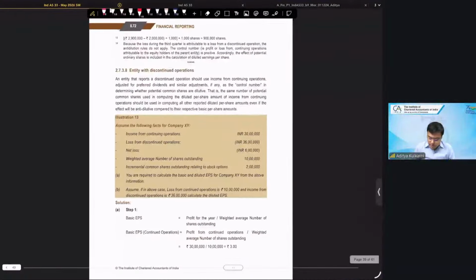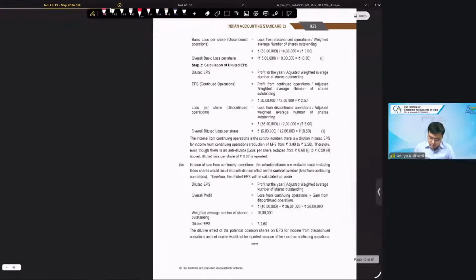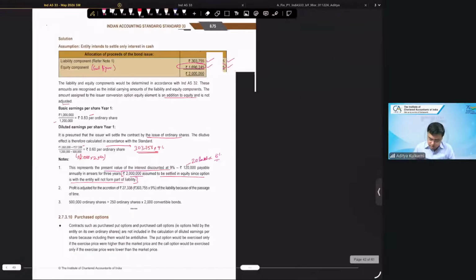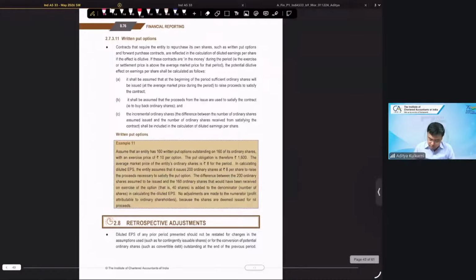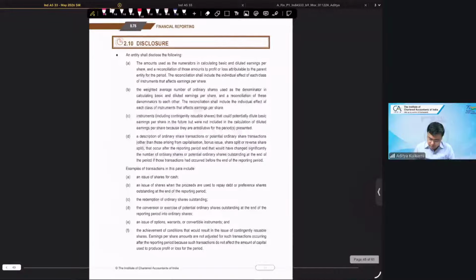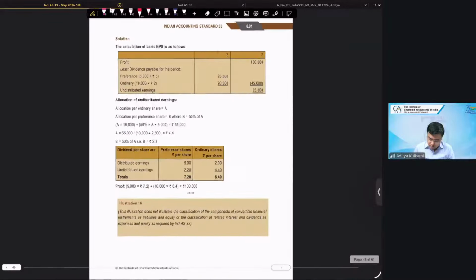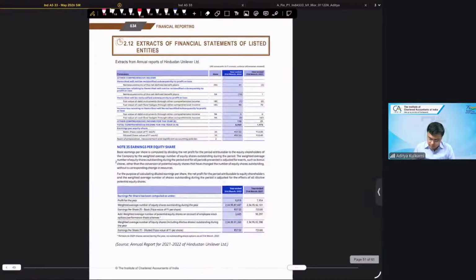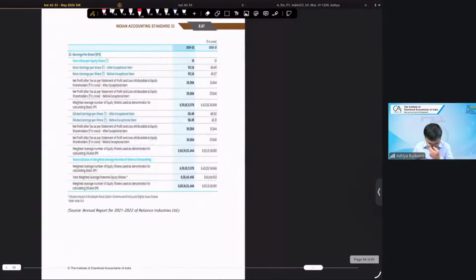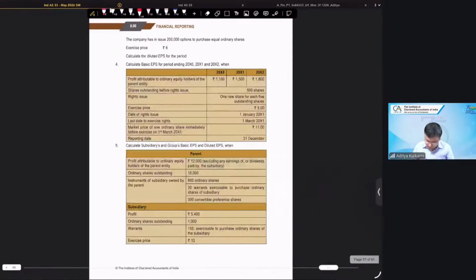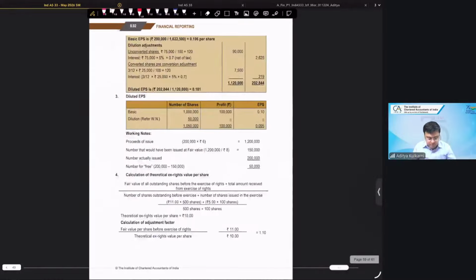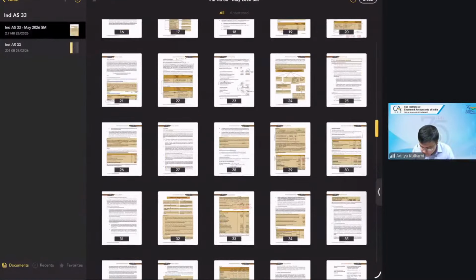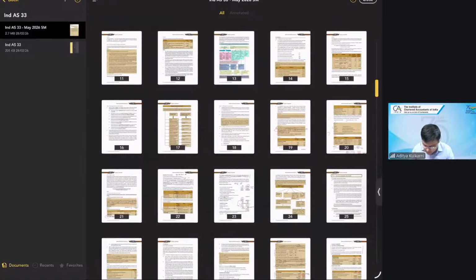So just a minute, let me see where is the question. Not this one, this one. Shares, purchase options. One second. Shares. So I think it's illustration 12. Illustration 12.